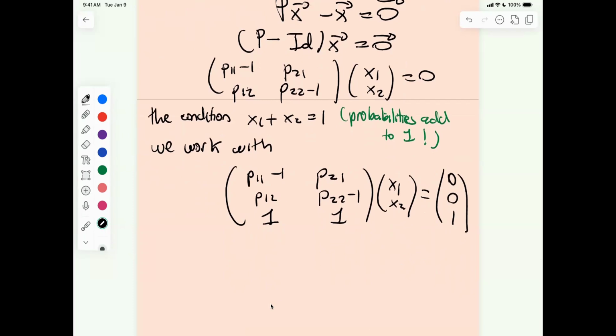Just imagine this as an extra equation where I read off the coefficients. The coefficients are 1 and 1, and it's supposed to be 1. That incorporates the condition that the probabilities should add up to 1. Okay.